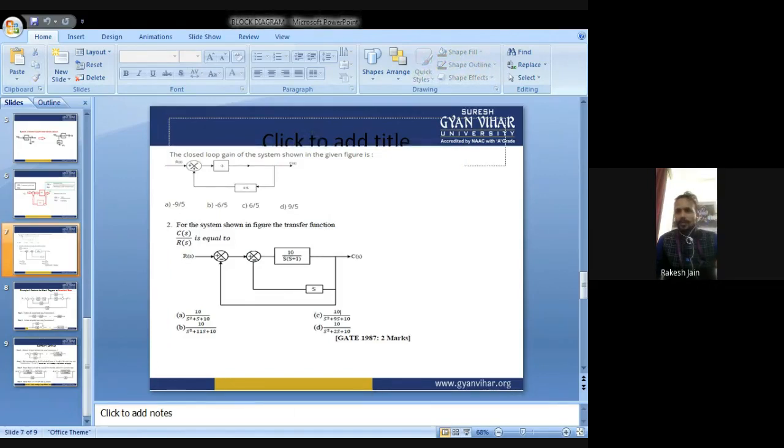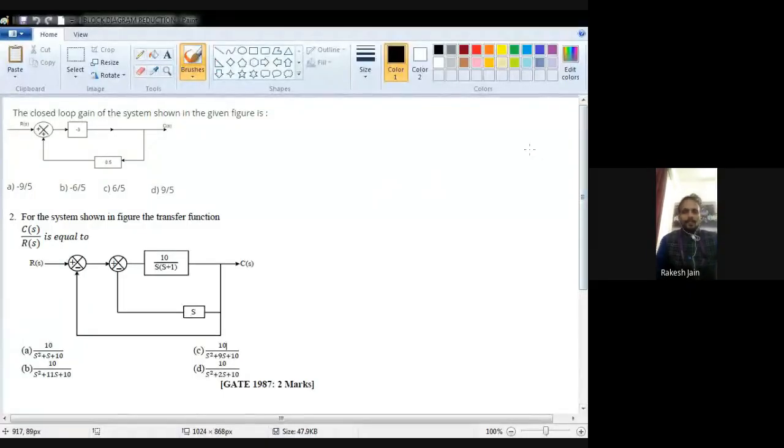I just copied it in MS Paint, and now I am going to show you. Yes, so see, those two numericals are now copied here, and we just want to find out the answer.